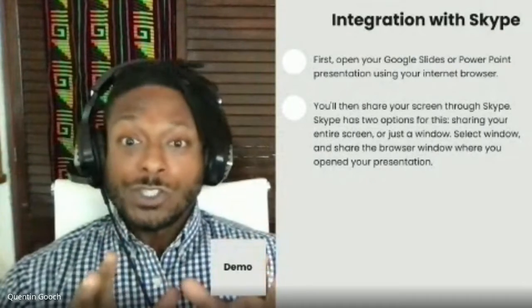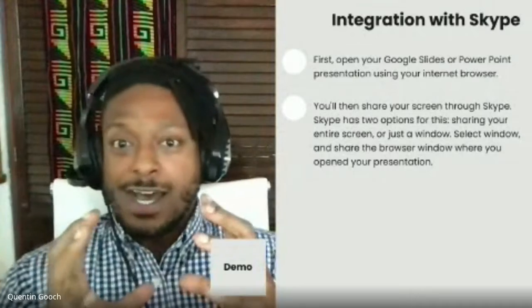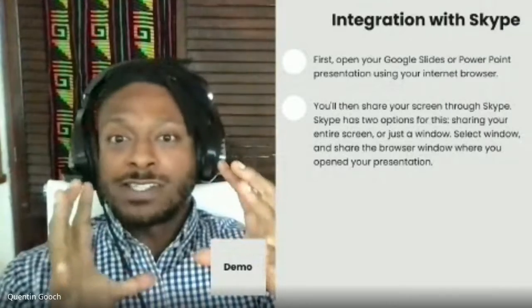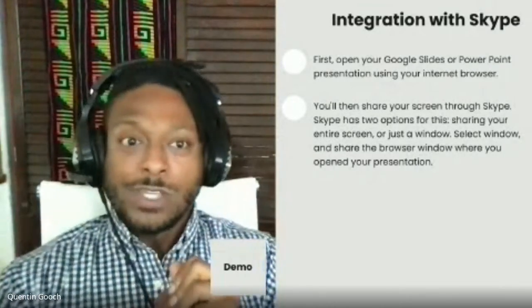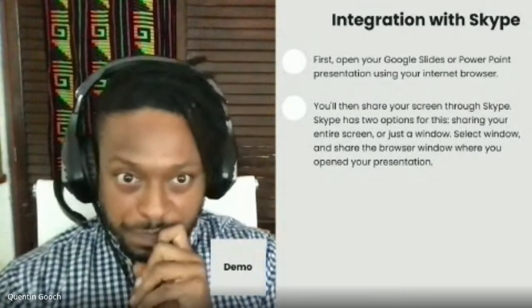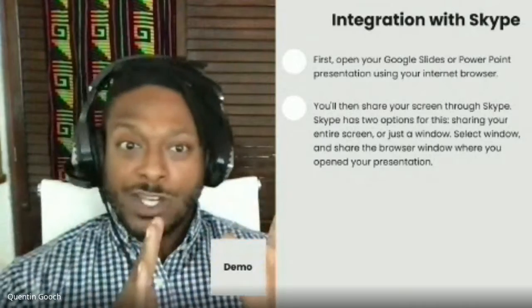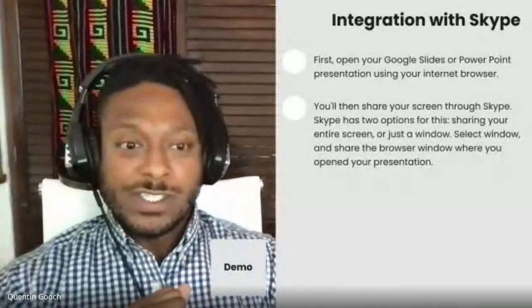This will work too if you have a PowerPoint that you've opened on your desktop because maybe you have it saved. It's not online. Sharing a window will also work in that instance if you're using PowerPoint. So when you go to share, you'll select the window option, and of course, you will select the window where your presentation is open.